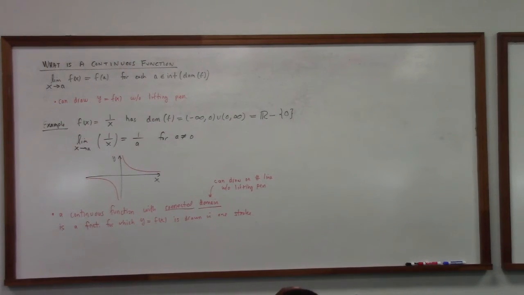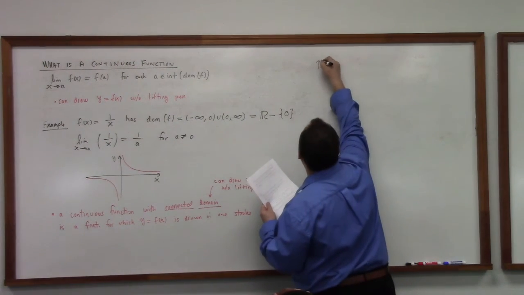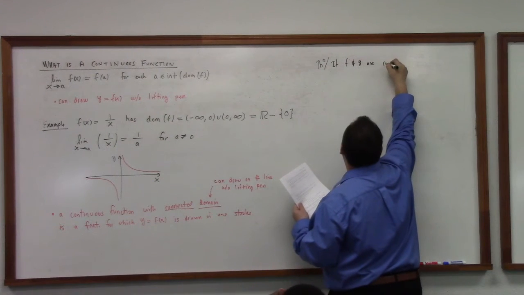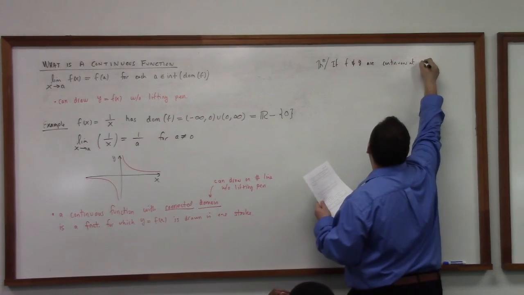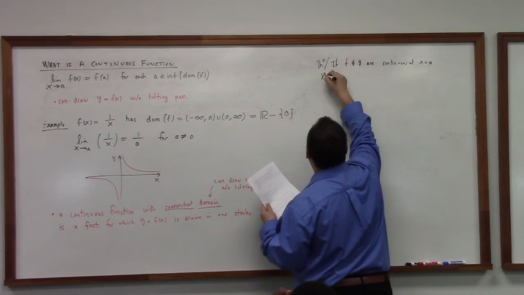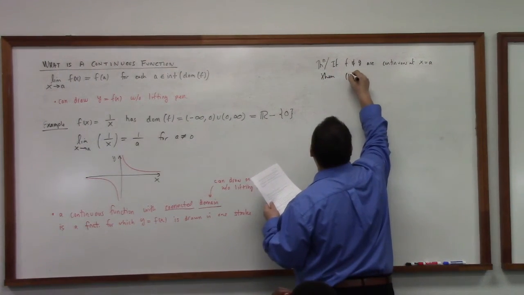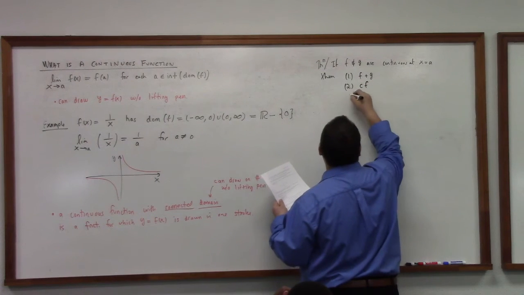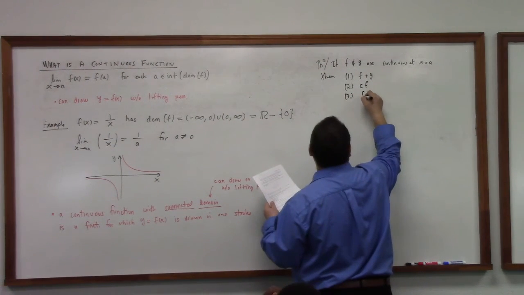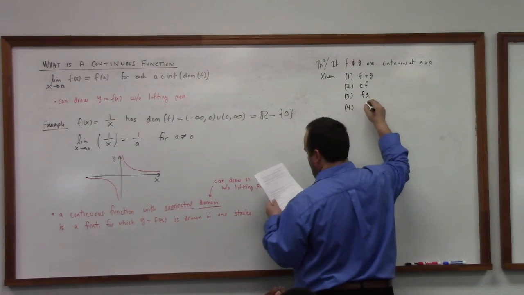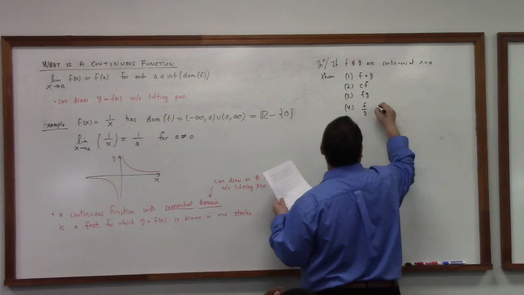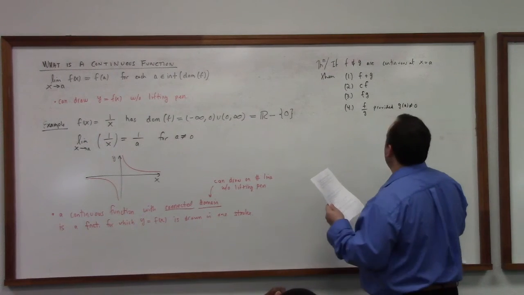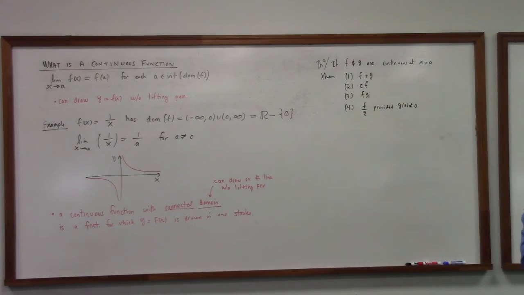So here's a theorem. If f and g are continuous at x equals a, then number 1, f plus g, number 2, c times f, number 3, f times g, number 4, f over g, provided g of a is not equal to 0, all 4 of these are, guess what?